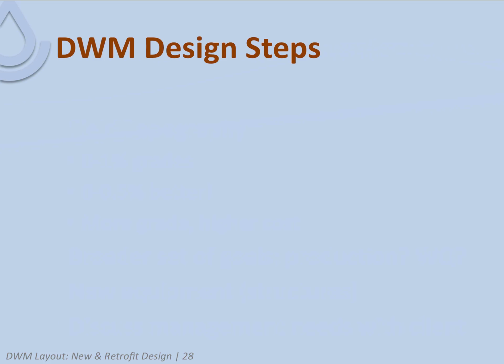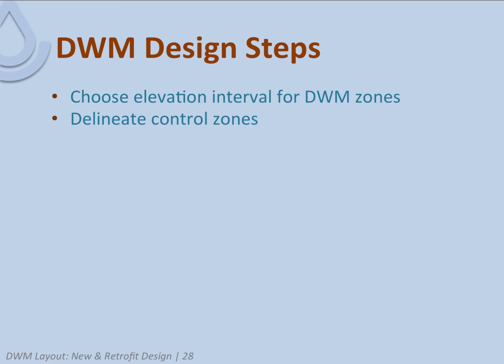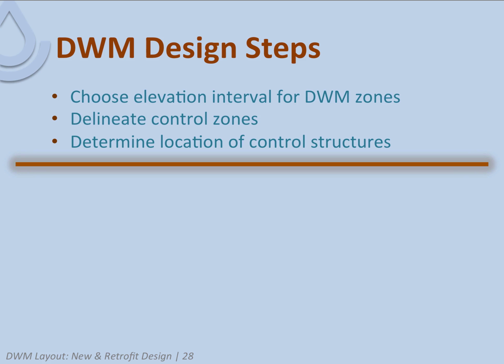In terms of the design steps for drainage water management, there are a few steps here that are going to be unique to these systems. We need to look at that elevation interval for the zones themselves. We need to figure out where the zones are going to be and determine the location of the structures that will serve those zones. Remember, every drainage water management zone has its own structure. Okay?